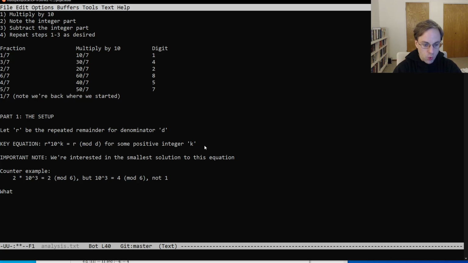So I'll just say what our equation actually means. And this is going to be that d divides r times 10 to the k minus r, or equivalently, that d divides r times 10 to the k minus 1.